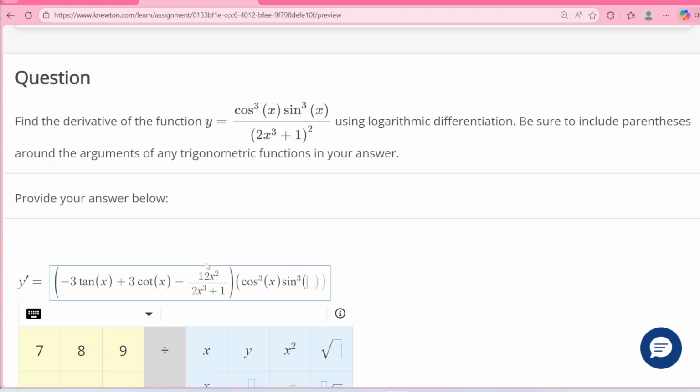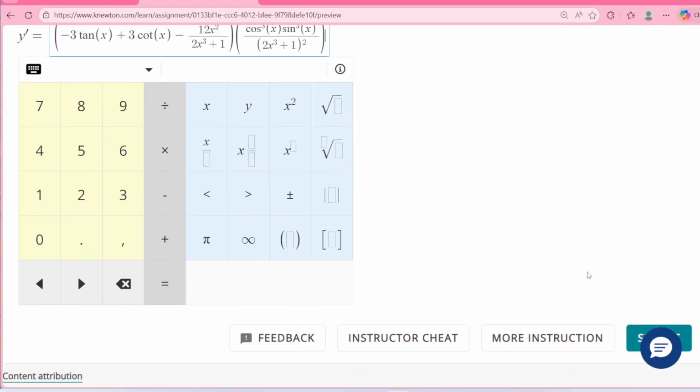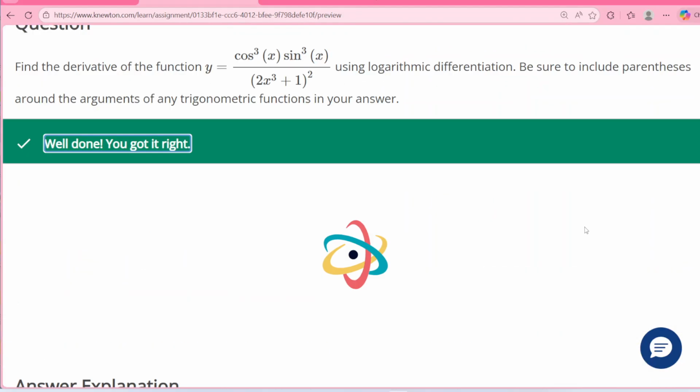I'll put the cube after the name of the trig function, like typical. Then divided by the quantity 2x cubed plus 1, squared, and close that off. So there's everything I had on the right side there, times the original y. Great.